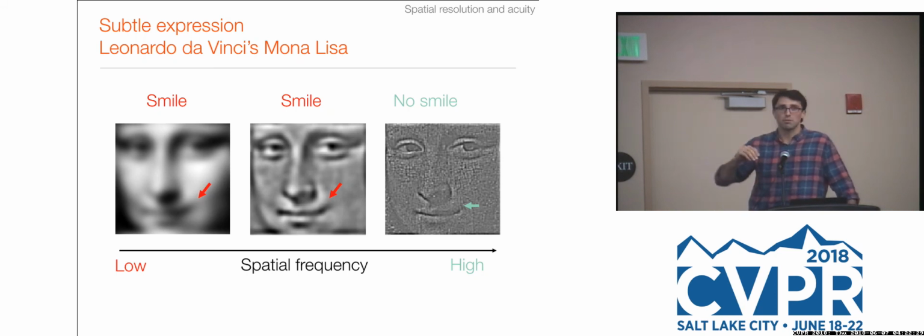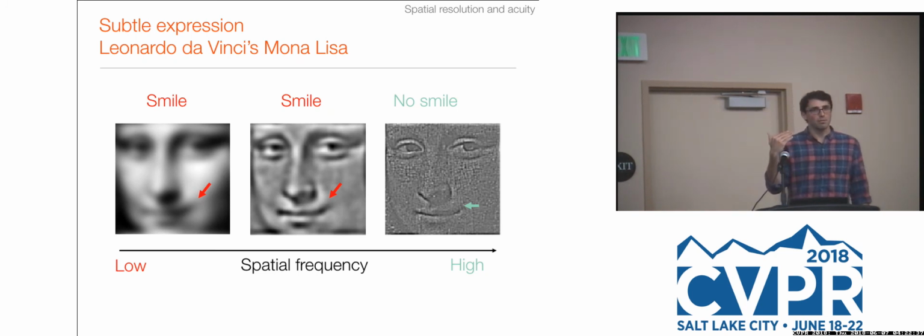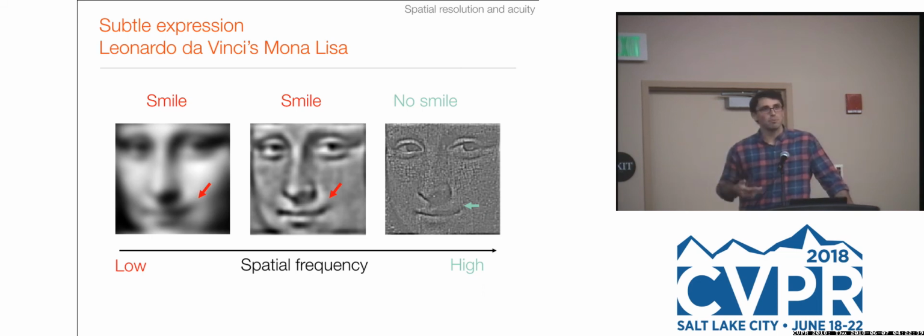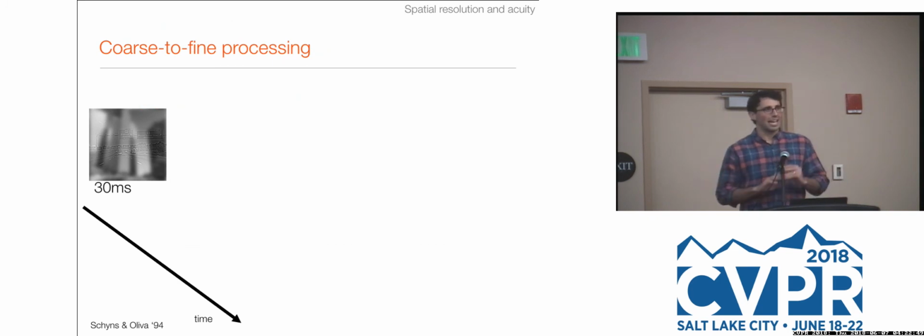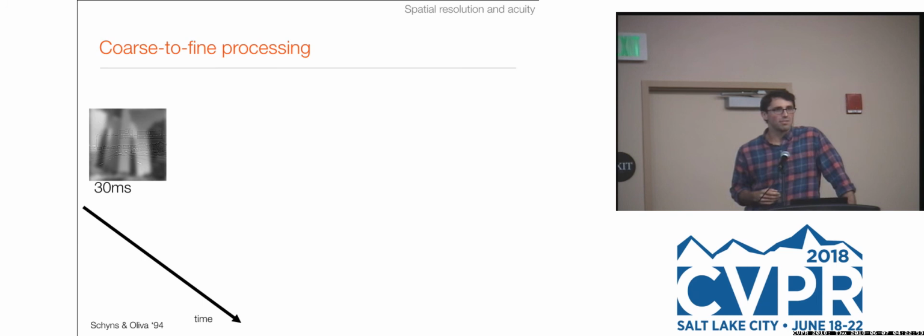So in lower spatial frequencies, you should see more of a smile than in higher spatial frequencies, meaning that if you're further away from her, you should see more of a smile. If you're closer up, you shouldn't. Or if you view her in your periphery, you should see more of a smile than if she's in your fovea.